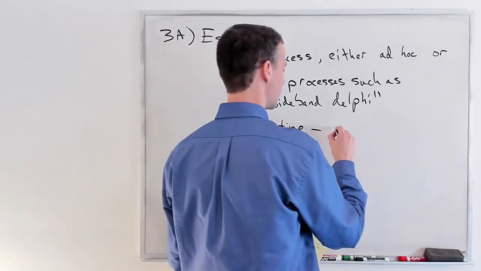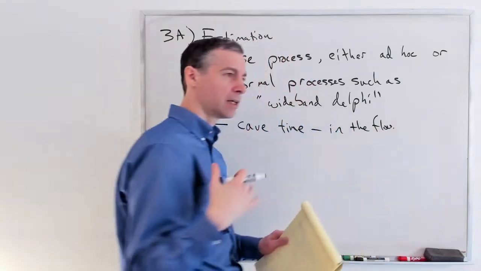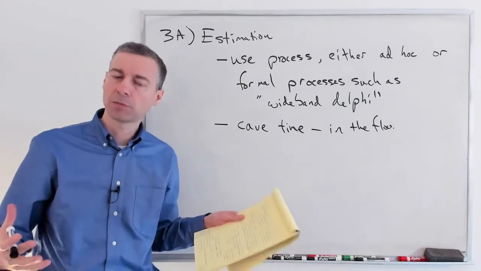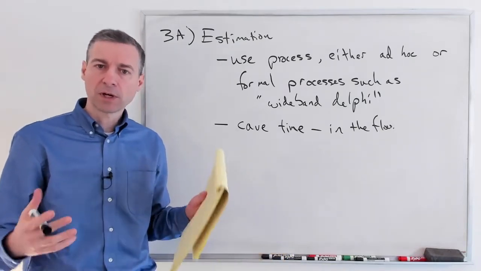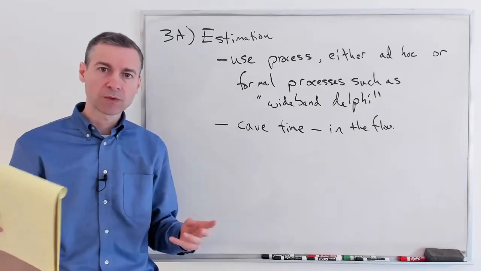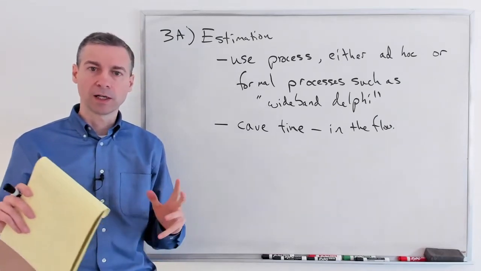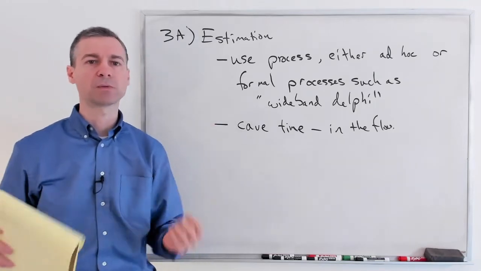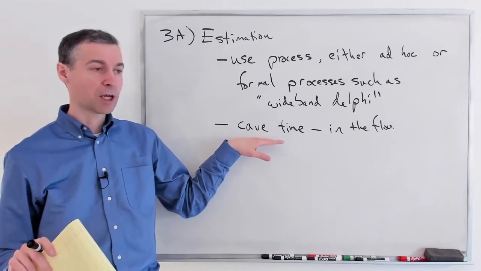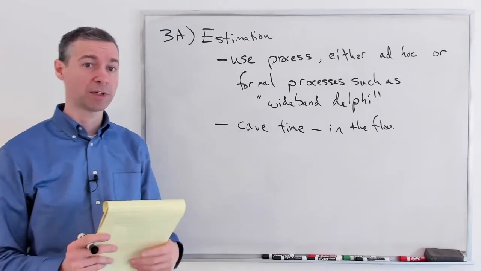So cave time, this is when you are in the flow, and basically the idea would be that developers can estimate time pretty well, but the time that they're actually estimating is that time when they are distraction free, they are really focused and able to concentrate on things, they feel like they're in the flow with writing the software, and so when you're making time estimates, you say, oh, these are my cave time estimates.